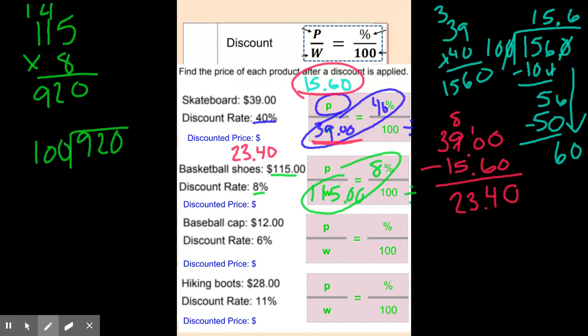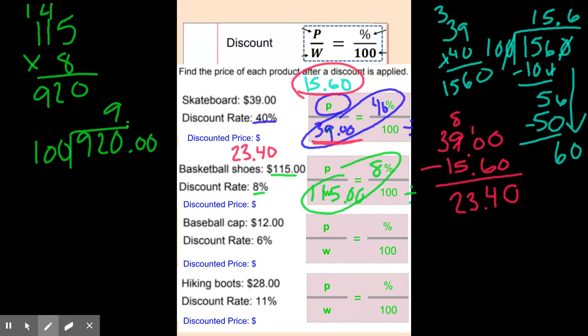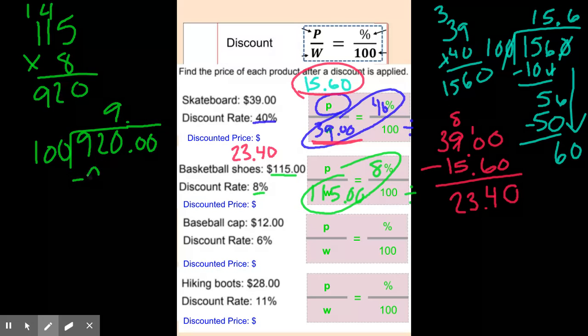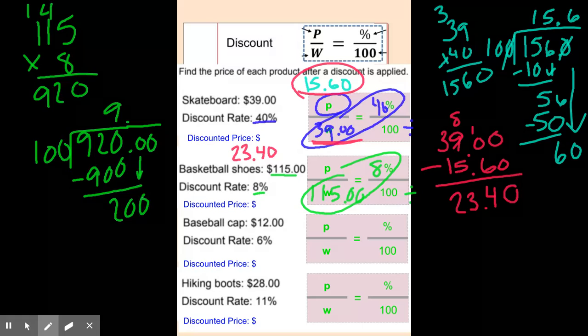Okay, so 100 goes into 900 9 times. Got to add a decimal and some zeros. We're going to take away 900. We're left with 20. Bring down this 0. 100 goes into 200 twice. Minus 200, and because it's money, we have to have this extra 0.